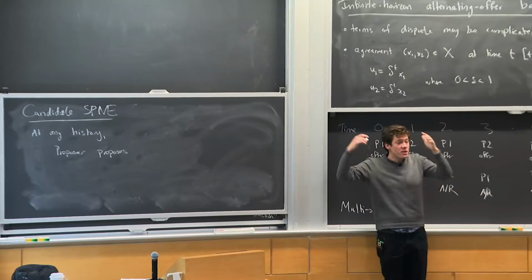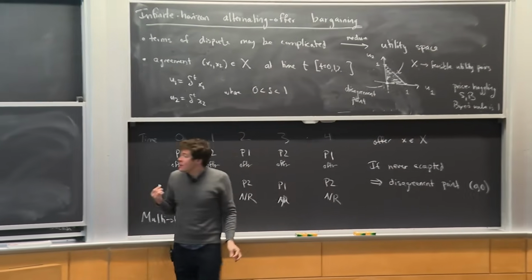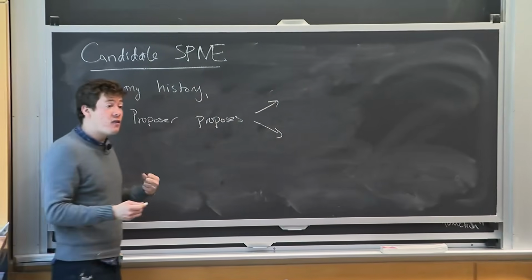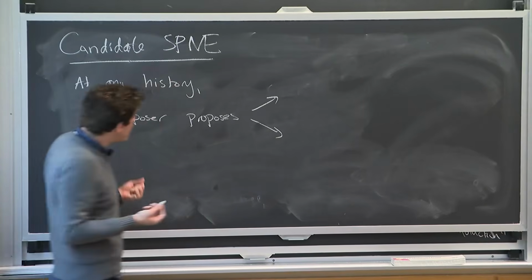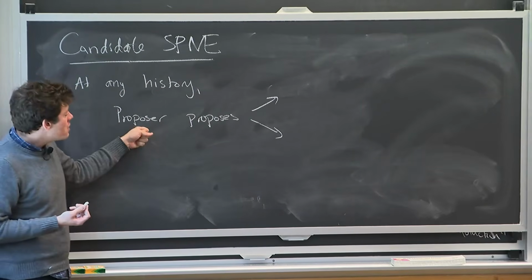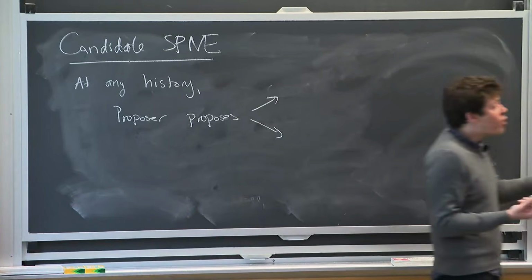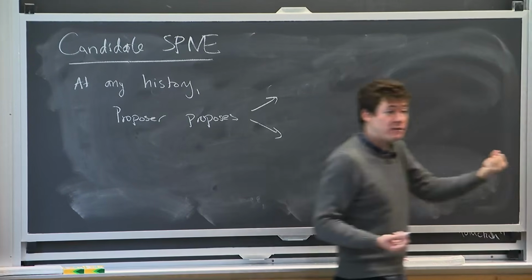So I really want to think in terms of whoever's proposing and who's responding, rather than the actual labels of the players. Let's say the proposer proposes some utility for herself and some utility for the respondent. Since they're the proposer, they have a bit more power, so we think they're going to propose more than half to themselves and less than half to the other player.